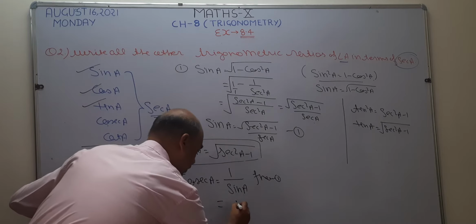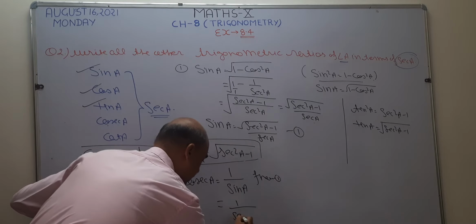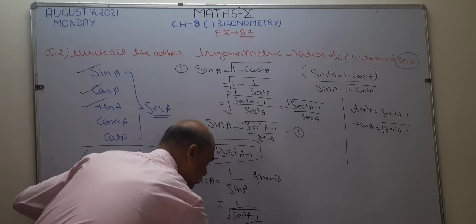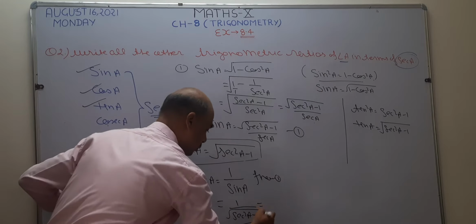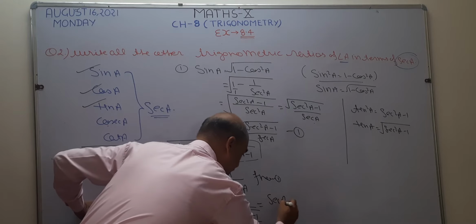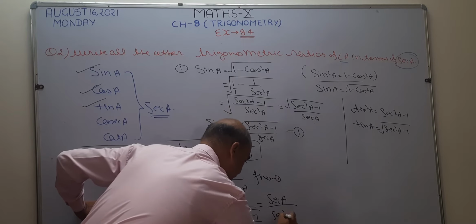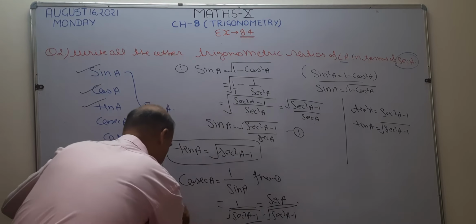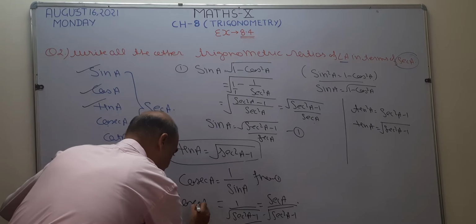So I write here 1 upon root of secant square A minus 1 over secant A. So this goes to the numerator, and this becomes secant A upon root of secant square A minus 1. So this is the answer for cosec A.